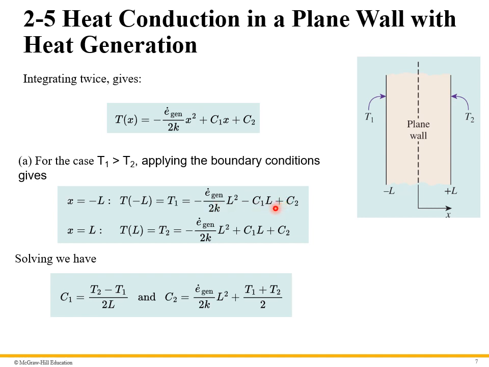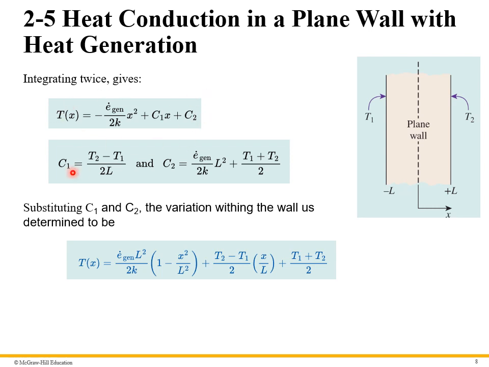The only unknowns here are C1 and C2. You can solve for C1 and you can solve for C2. Then you can plug these back in for C1 and C2 in our equation, and simplify down into a final equation that looks like this here.